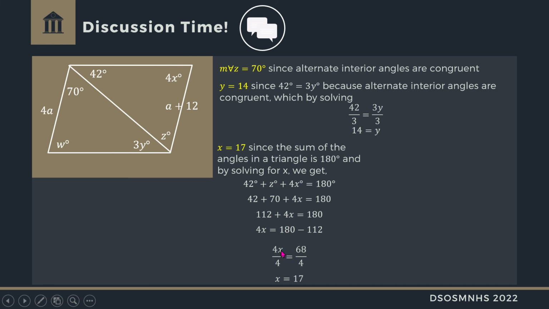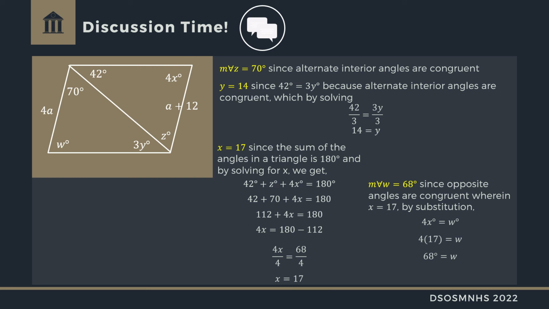And to solve for x, divide 4 both sides. So therefore, x is 17. Di na siya degrees, but the value of x is 17. So if x is 17, 4 times 17 is exactly 68. Okay?